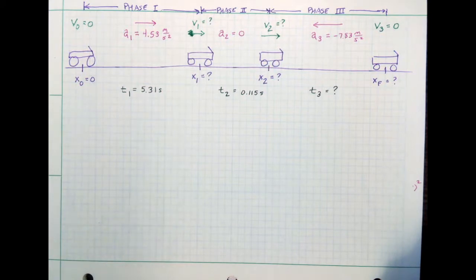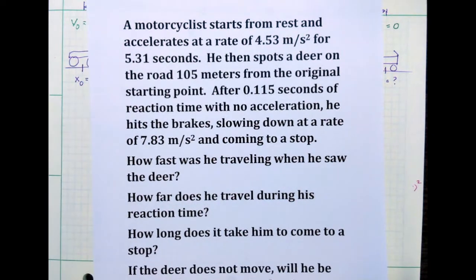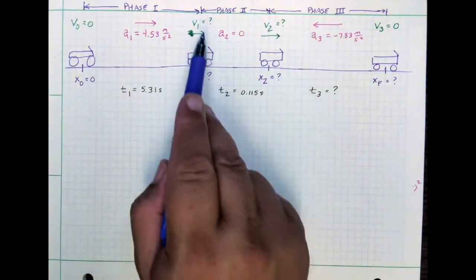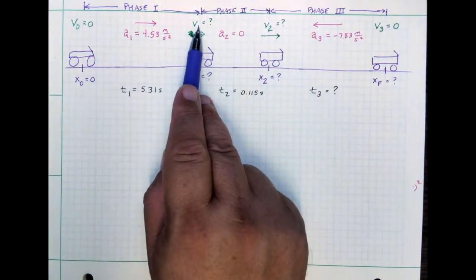But let us address the preliminary questions that are asked. First off, we are asked, how fast was he traveling when he saw the deer? This question is asking for the velocity at the end of phase 1.